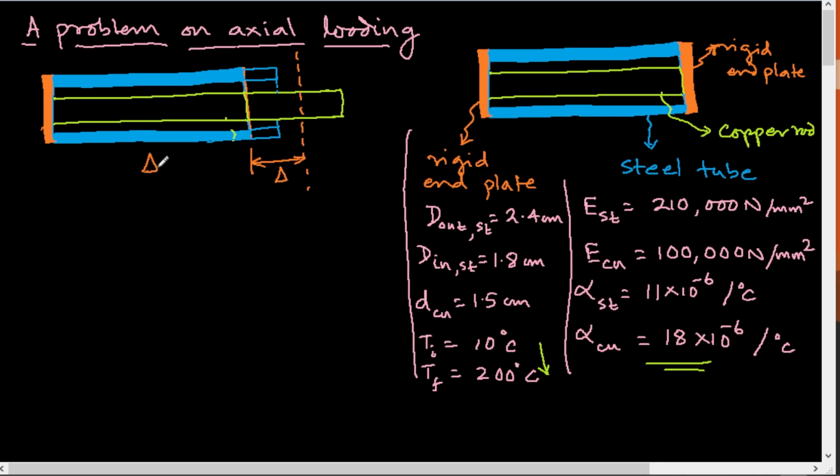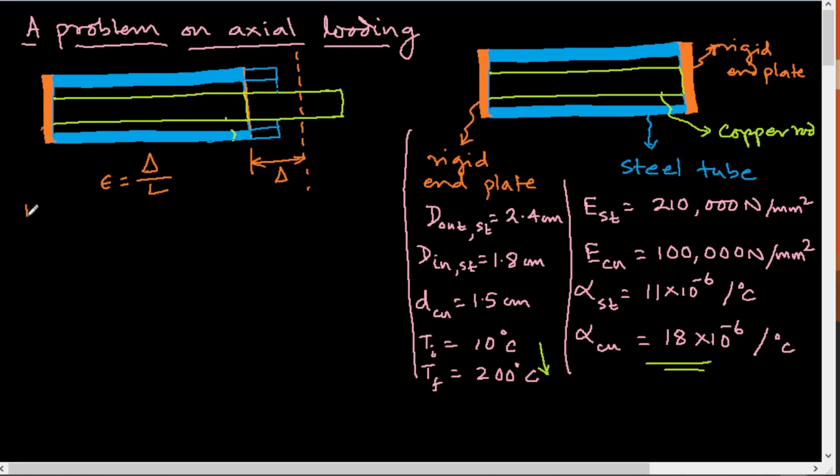So this delta over this L, whatever the initial length was, would be the strain in both the tube and the rod. But the strain would not be only because of the force that is acting, but also due to the thermal effects.